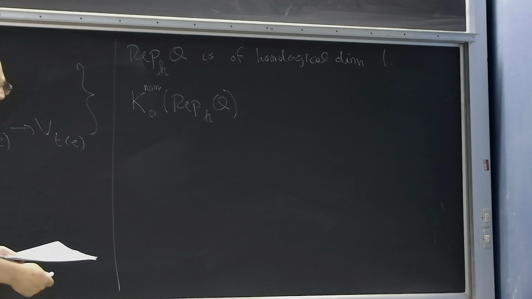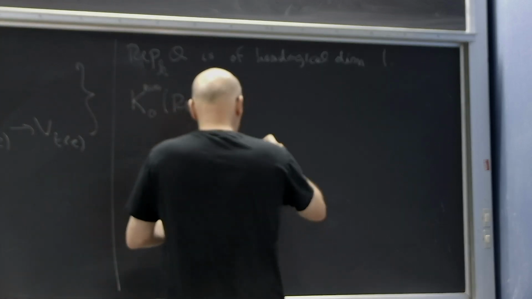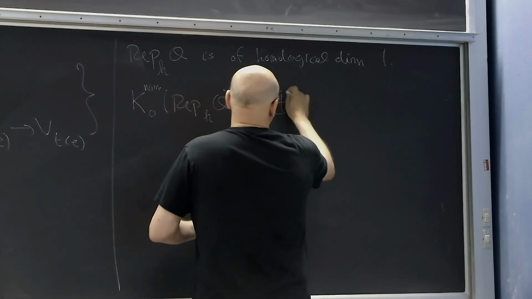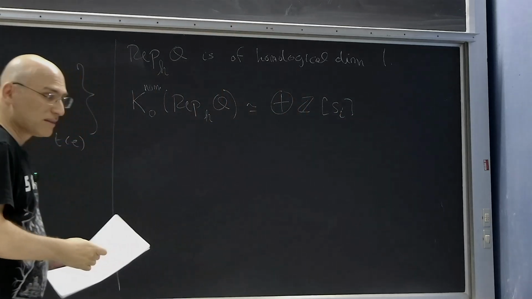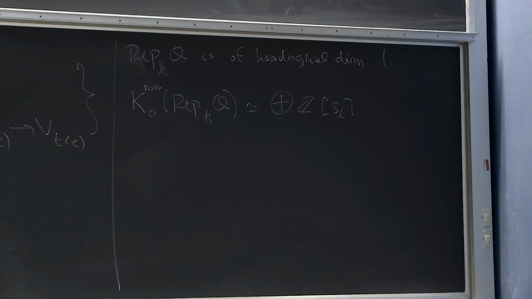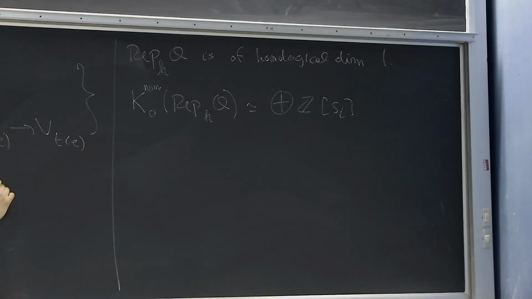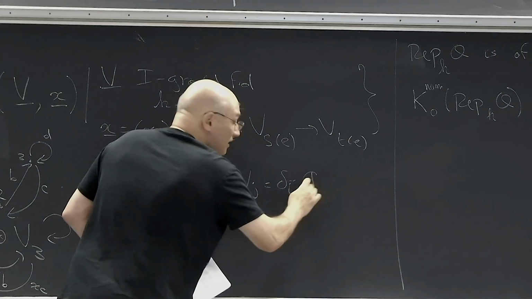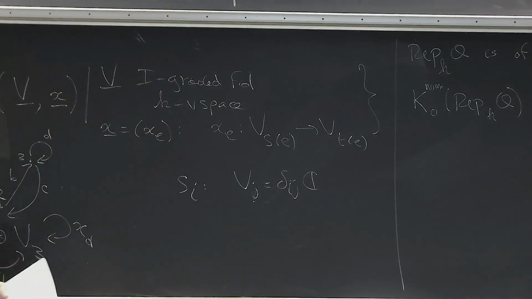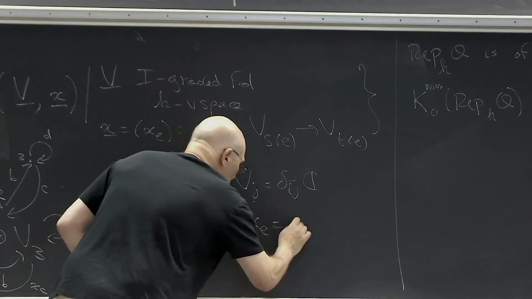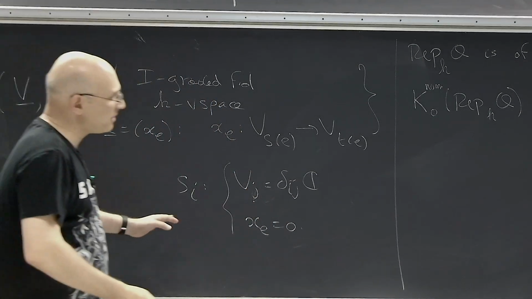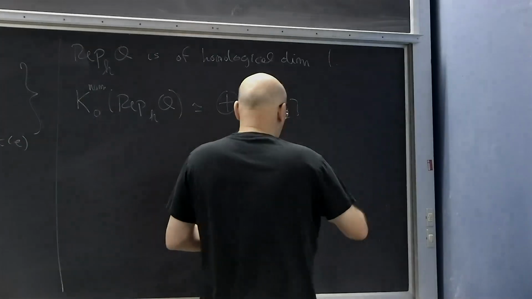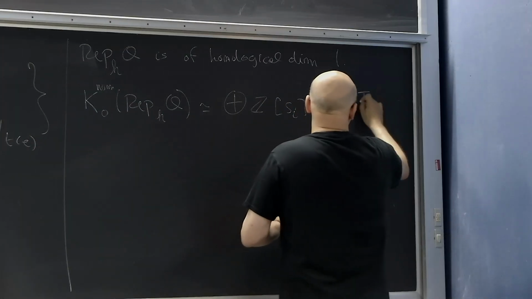This is the so-called numerical Grothendieck group. And it is freely generated by the classes of the simples. S_i is the simple object where V_j is delta_ij k, and all the maps are 0. These simple objects generate this numerical Grothendieck group, and so this is isomorphic to Z^I.